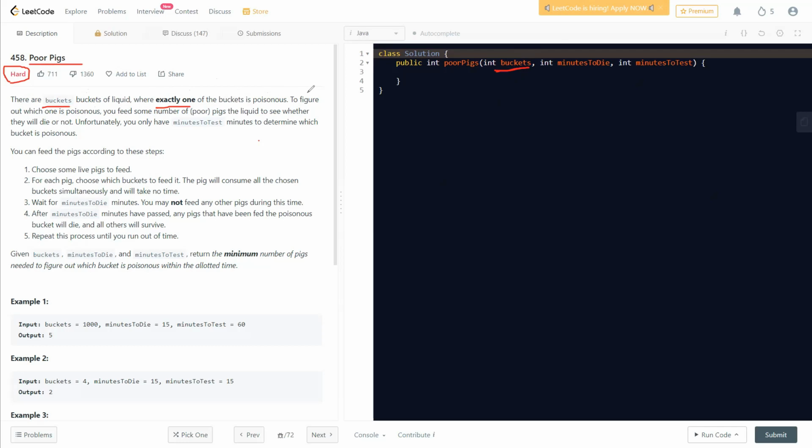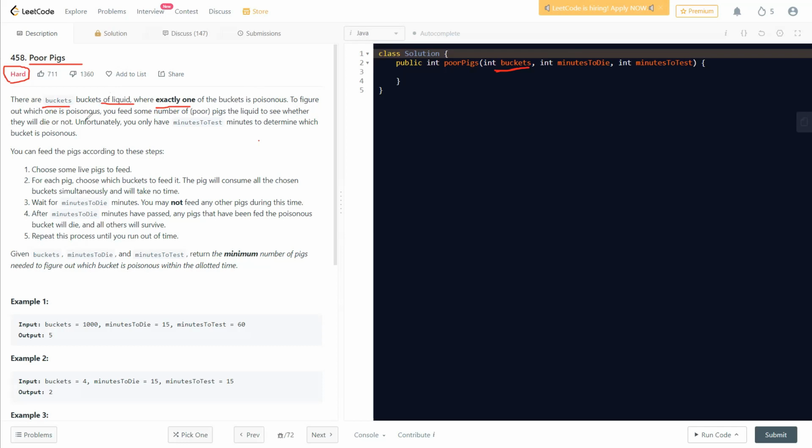To figure out which one is poisonous, you feed some number of pigs the liquid to see whether they will die or not. First of all, they are saying to feed the liquid in the buckets to the pigs, so that you check whether the pig will die or not.